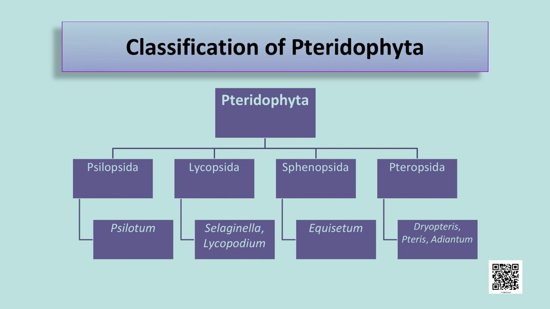The third class of Pteridophyta is Sphenopsida, commonly known as horsetails. An example is Equisetum. And the fourth class is Pteropsida. They are the most common plants and are commonly known as ferns. Examples are Dryopteris, Pteris and Adiantum.